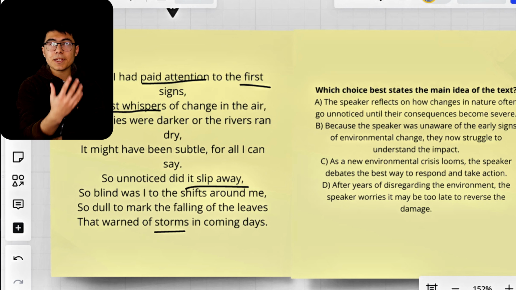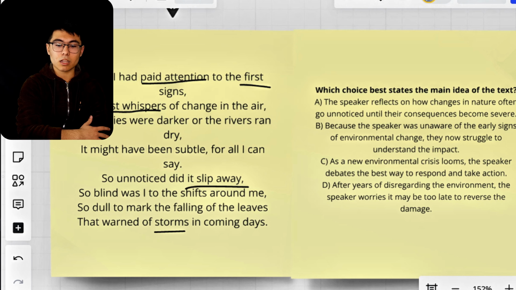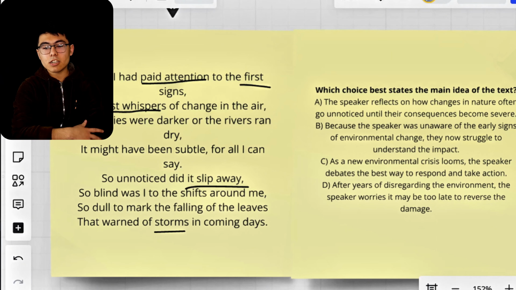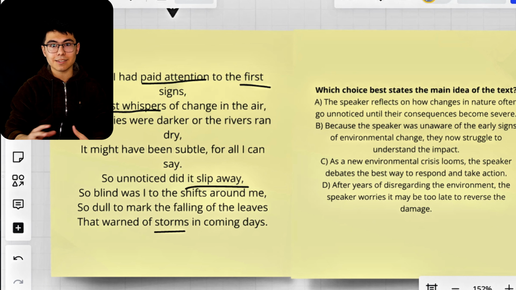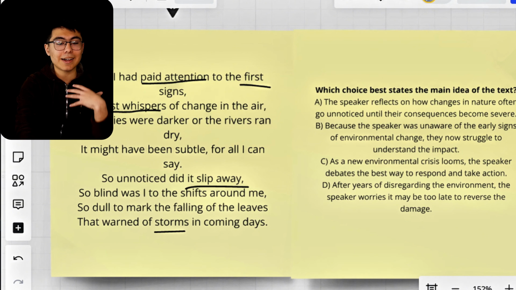I believe the speaker is reflecting on how those environmental warning signs go unnoticed until it's too late. So they're regretting not noticing environmental changes earlier.